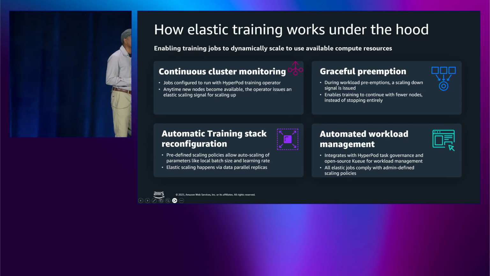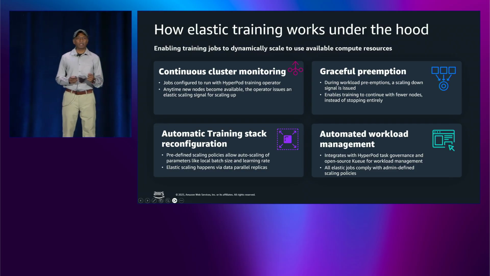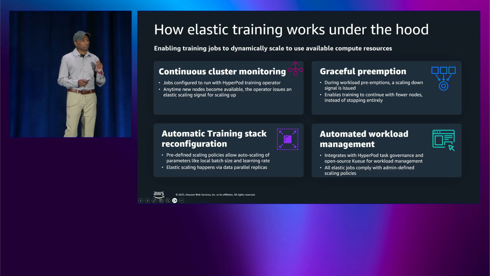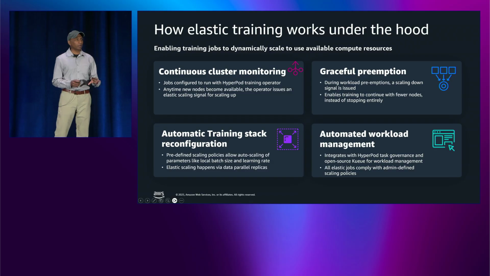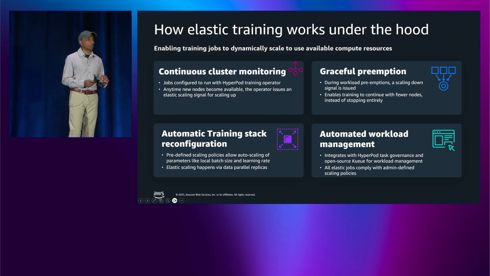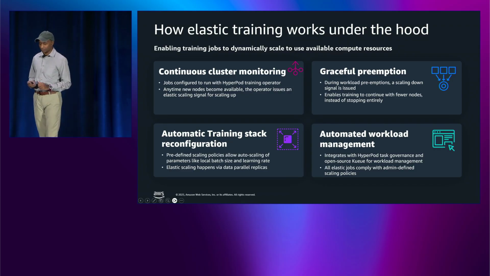Our system offers you an ability to specify scaling policies so that you can tell SageMaker, here is the set of parameters which we need to apply for various world sizes. And you don't have to manually be involved in this process. The training operator automatically applies these training parameters at the right point whenever the scaling activities happen.